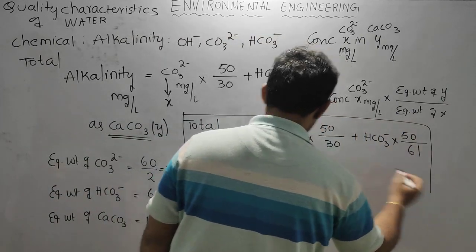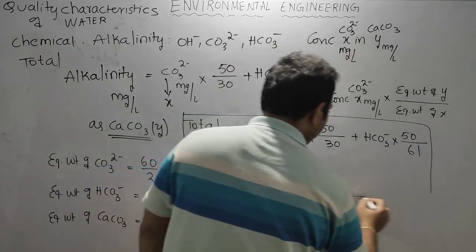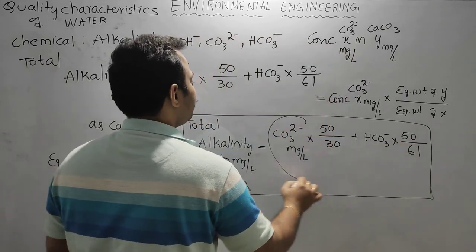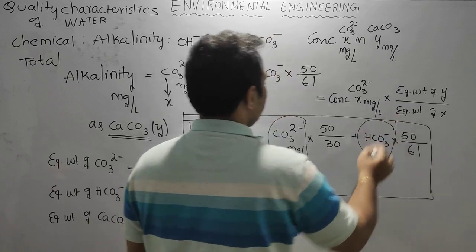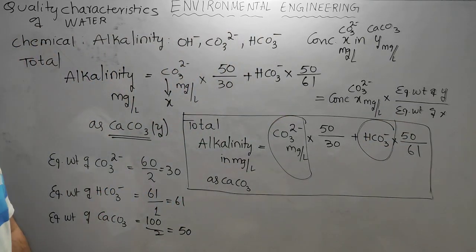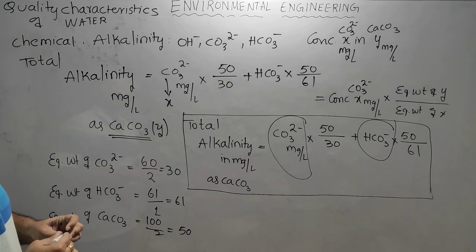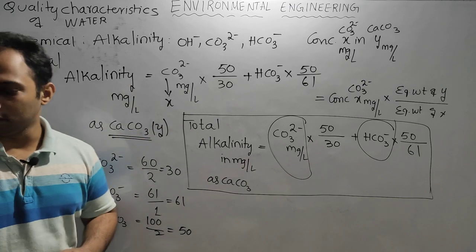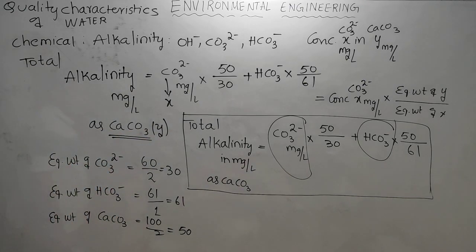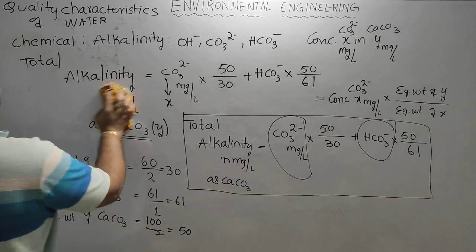So this is the formula for total alkalinity. These two concentrations we need from titration, so now let us go to the titration technique to find the CO3 2 minus and HCO3 minus concentrations.